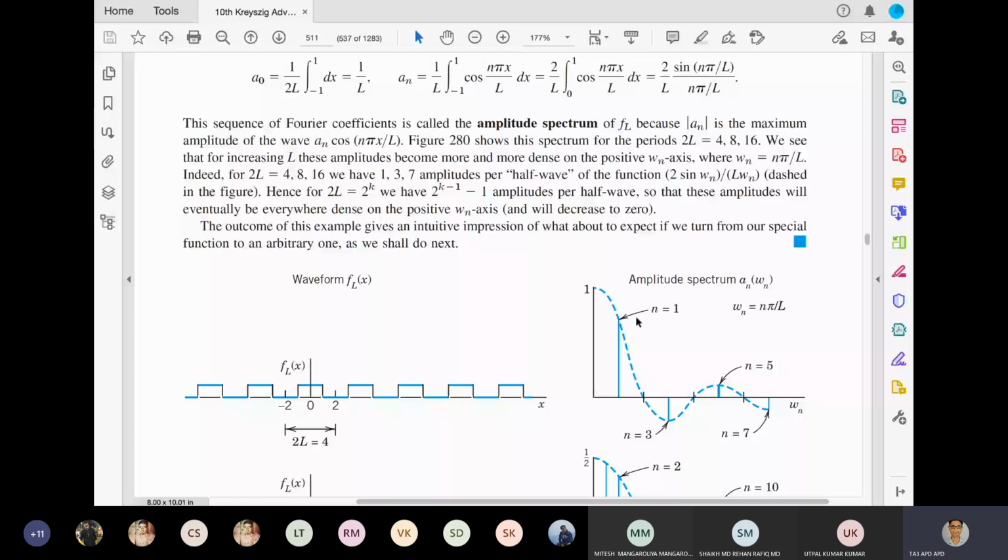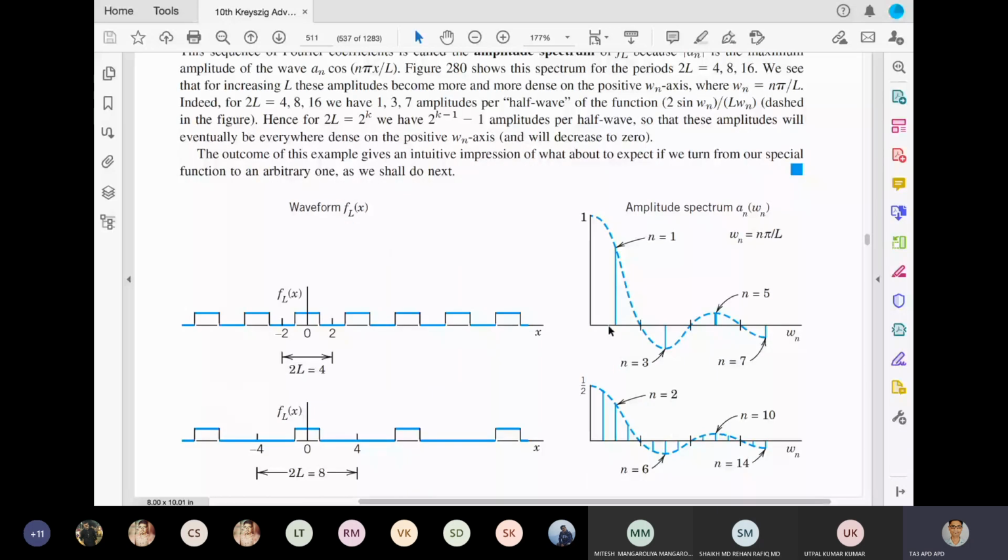All right. Now, if you increase the value of L, for let's say 2L equal to 8, you will have L equal to 4. In that case, you are going to have 3 amplitudes, 1, 2, and 3, 3 amplitudes per half wave.